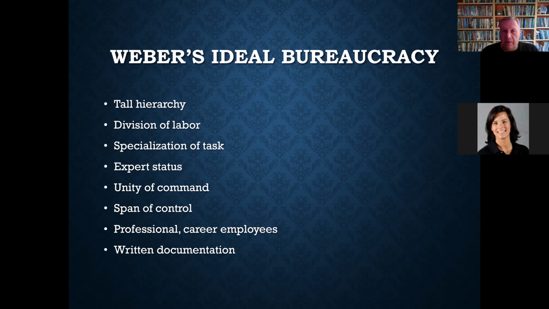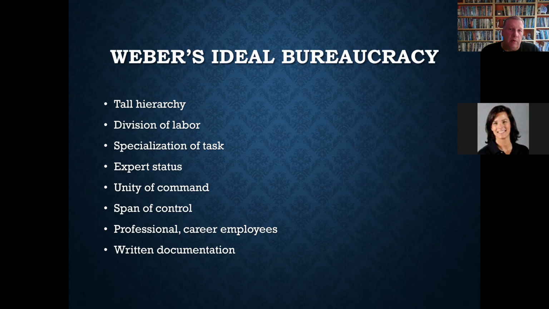Specialization of tasks then leads to his fourth principle of expert status. When you specialize in these tasks every single day, you become very adept at doing these tasks. You become the expert on how to do these jobs on a daily basis. So then our ideal bureaucratic organization is therefore staffed by experts in their fields.